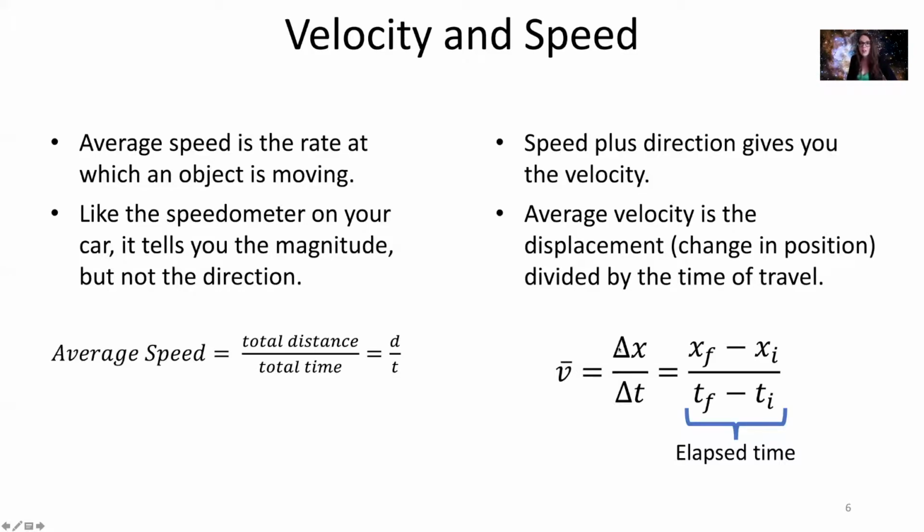The average velocity is equal to your change in position, your displacement, delta x, divided by your change in time, delta t. So it is your final position minus your initial position over your total time traveled. Depending on your initial and final positions, your average velocity could be a positive value or a negative value, indicating your direction of motion.